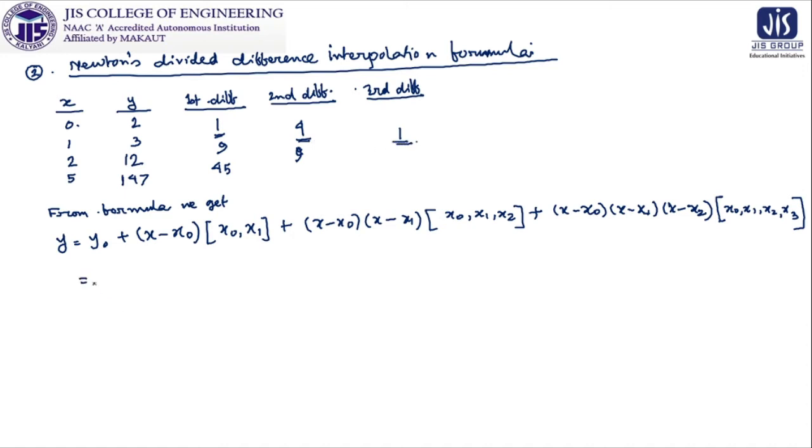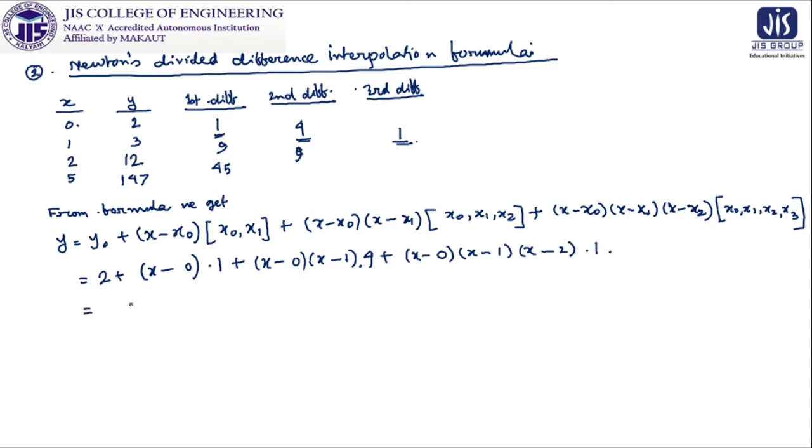So finally in the next line we can write it as y0, which is 2, plus (x minus x0), x0 is 0, into 1, plus (x minus x0), where x0 is 0, (x minus x1), x1 is here 1, into 4, plus (x minus x0)(x minus x1)(x minus x2) into 1.